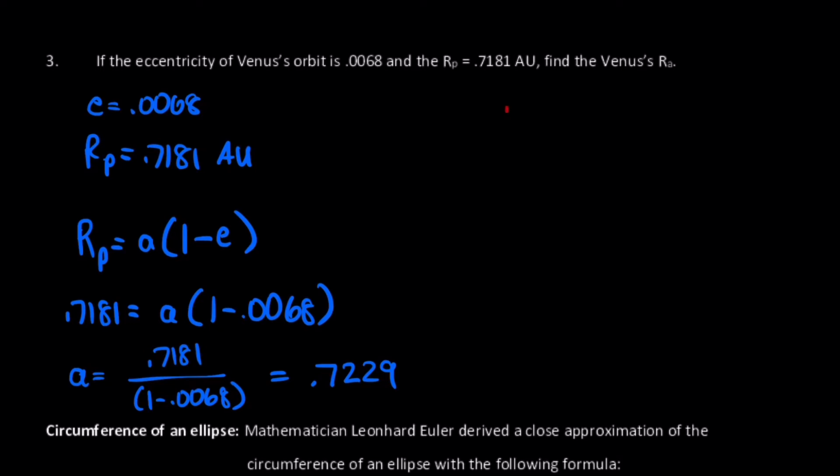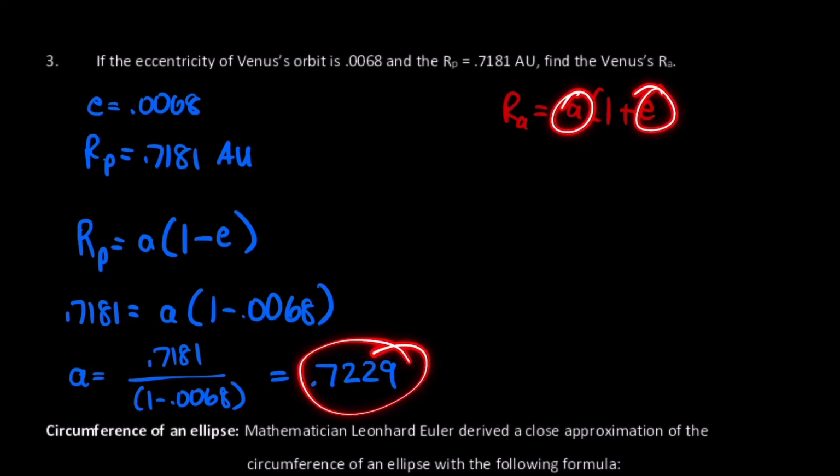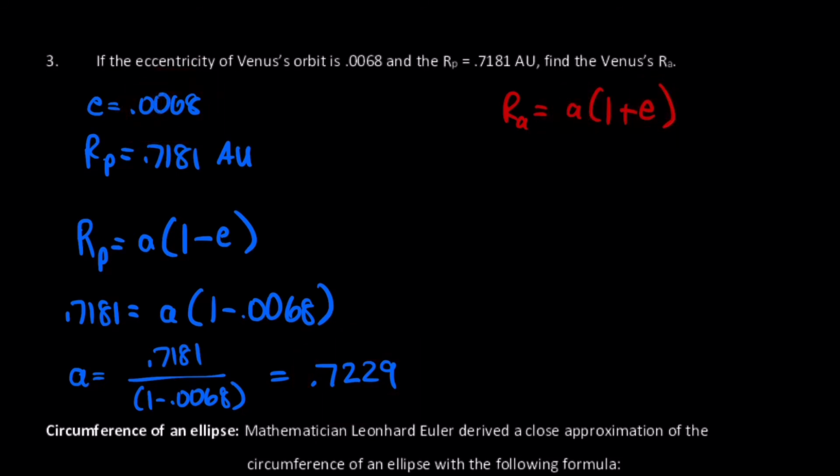Well, now I take my RA formula, which is A times 1 plus E, and what do we know? Well, I've now found A right here, and I know E from the problem, so I just have to plug those numbers in. So RA is going to equal 0.7229. And I still have all this information in the calculator.